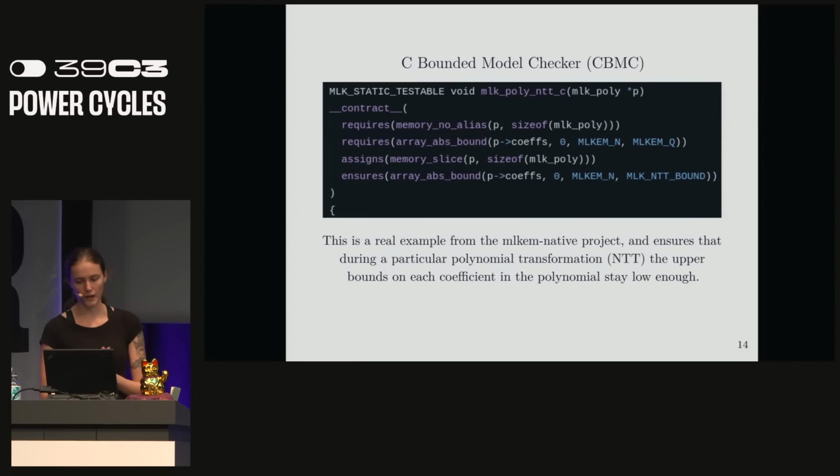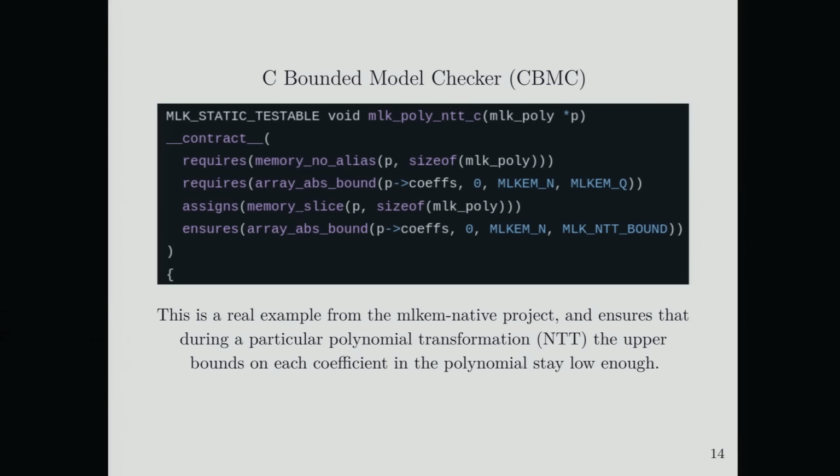For example, this is the C Bounded Model Checker. This is an example from some real production cryptographic code from the MLKEM native project. And without going into too much detail about what every line of this is saying, the gist is that it's a contract that this function is making with its callers.